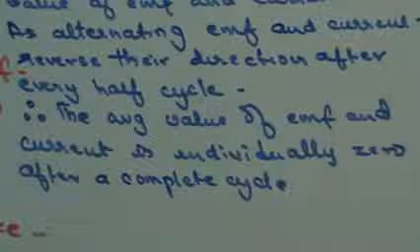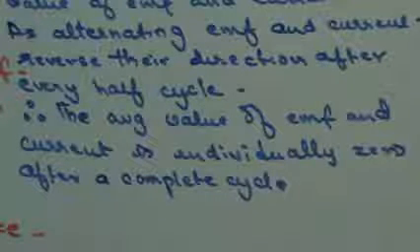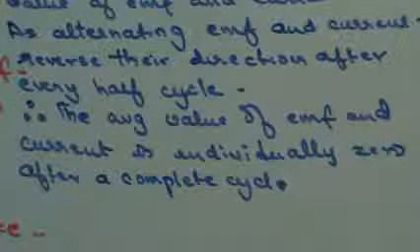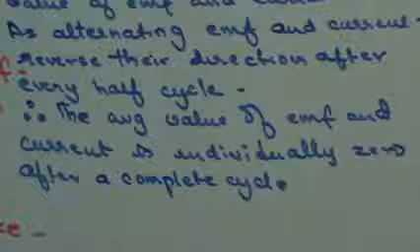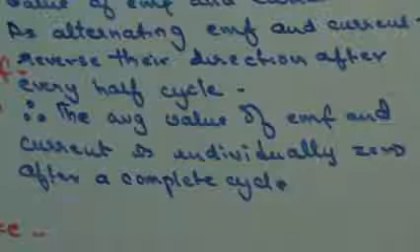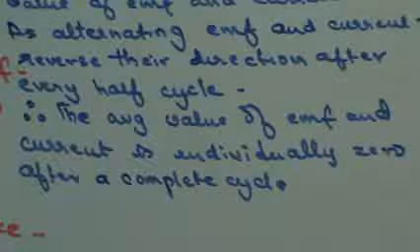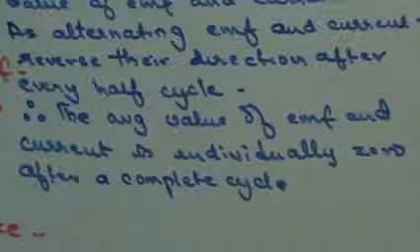But we know that in a moving coil voltmeter or ammeter, they measure the average value of the voltage and current, and the moving coil galvanometer and voltmeter do not show the average value to be zero. If I connect a voltmeter or an ammeter in an AC circuit, it does not show me zero value. It shows a certain value.